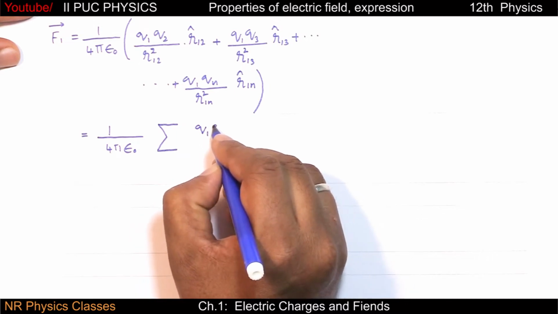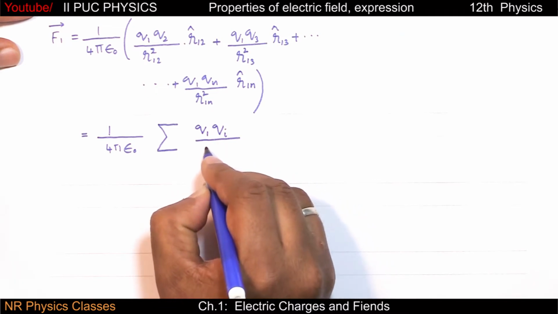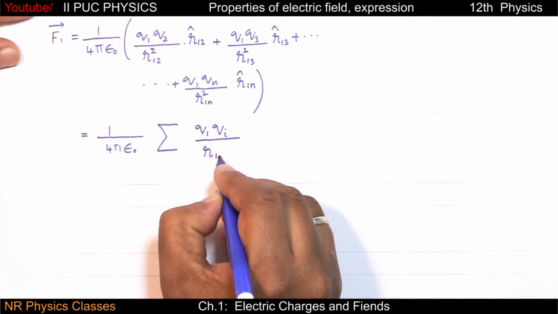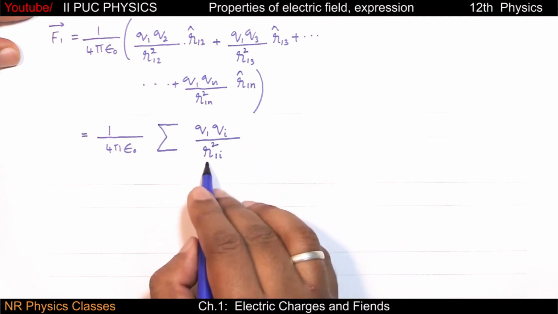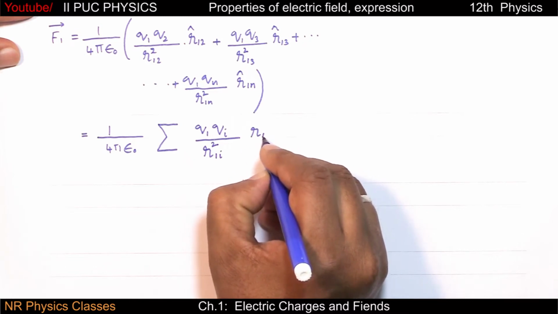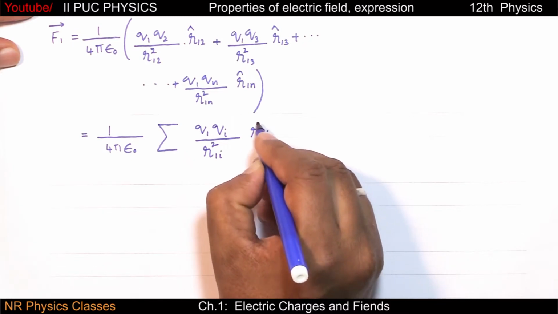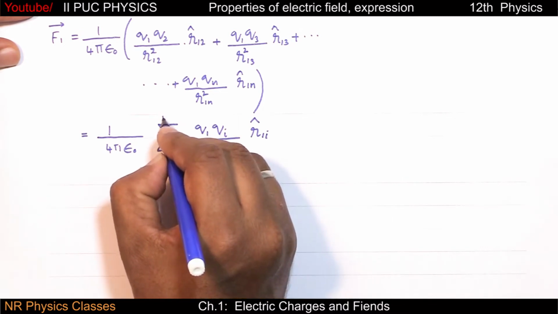The other is Qi by R1i square, Q1 Q2 by R square, Coulomb's law, into R1i cap, where i is from 1 to n.